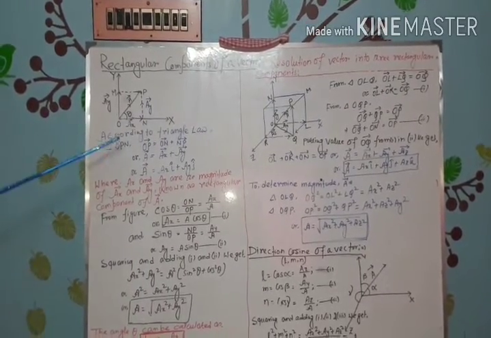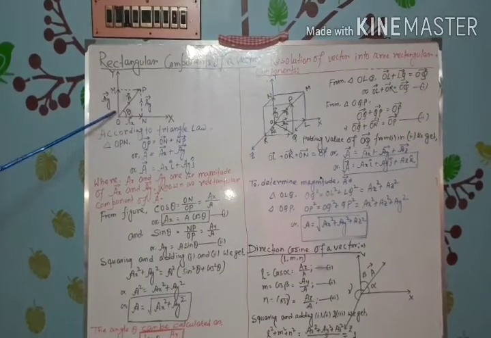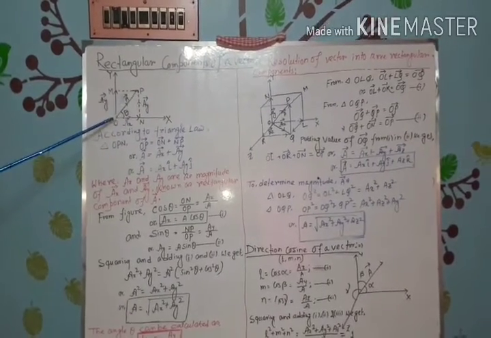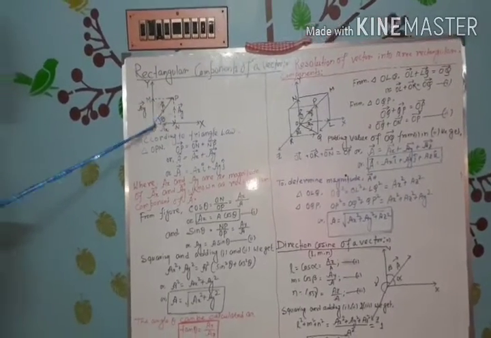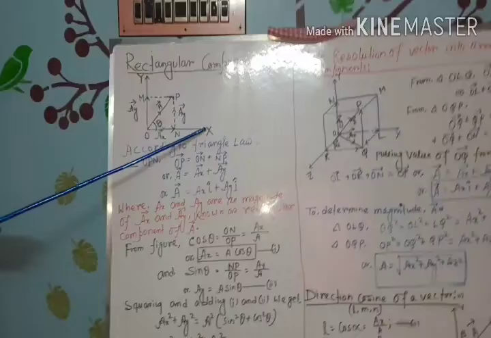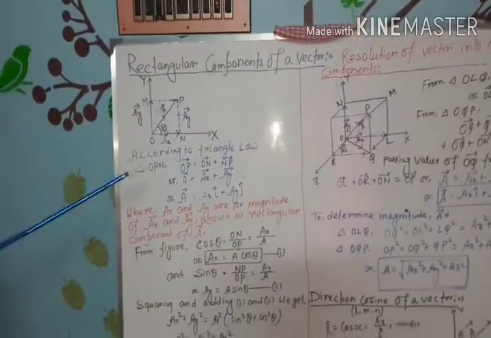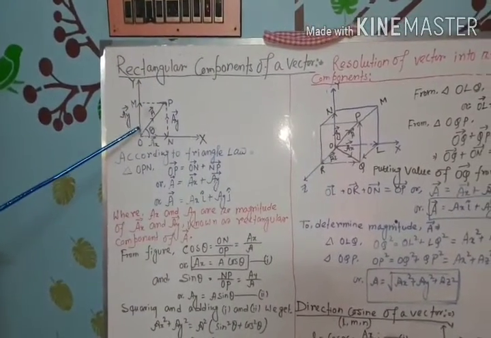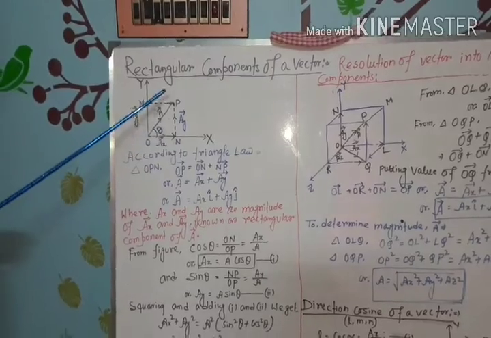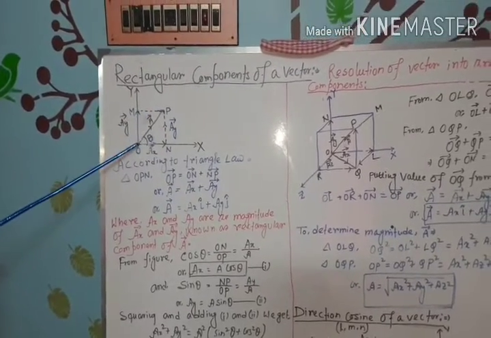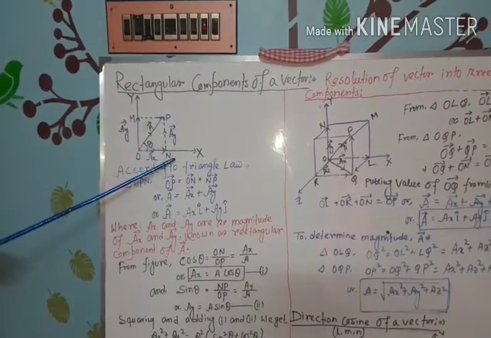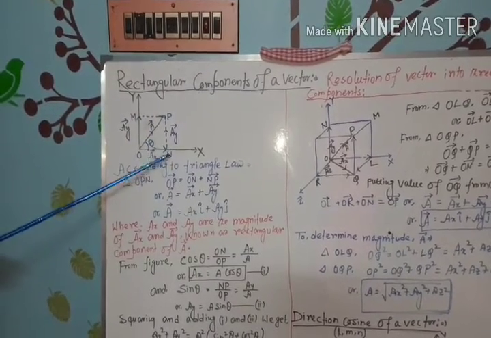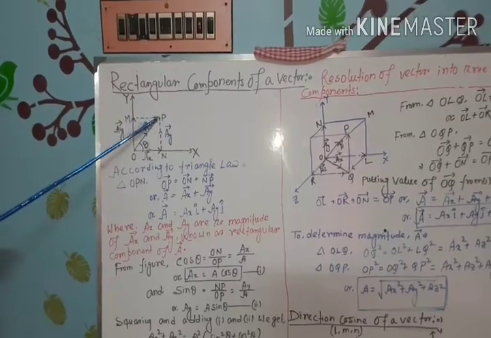See the diagram. Here we take a vector A which is represented by OP, making an angle theta with the x-axis. Now to determine the rectangular components of this OP vector, we draw the perpendicular from the point P on the x-axis as PN and on the y-axis as PM.